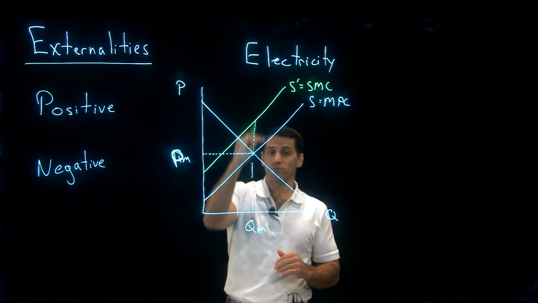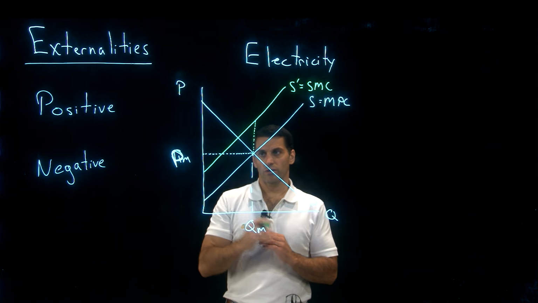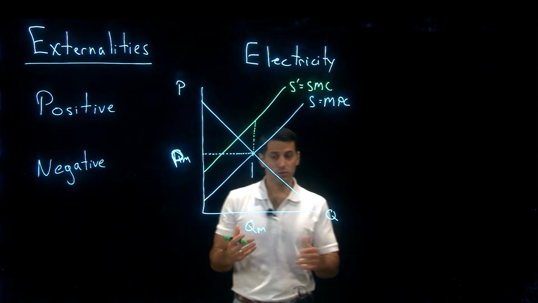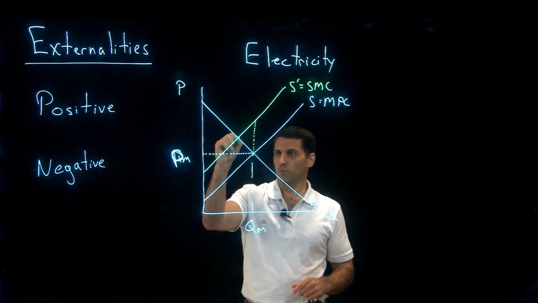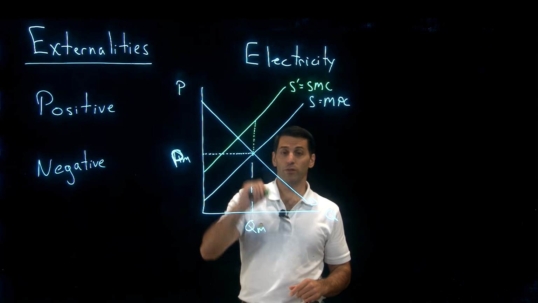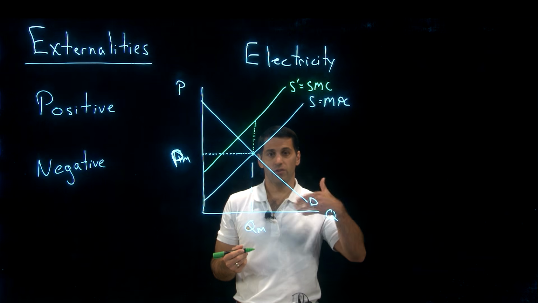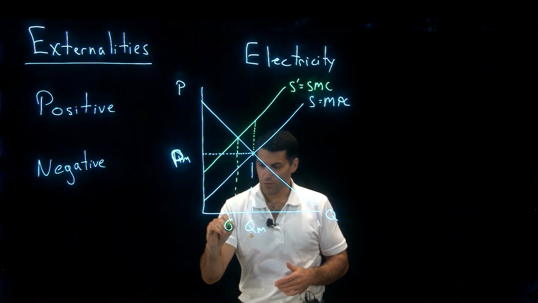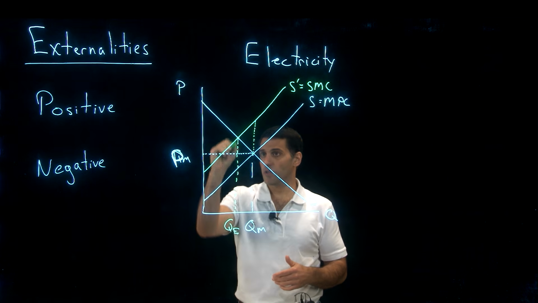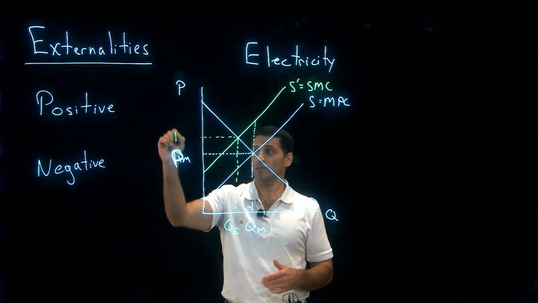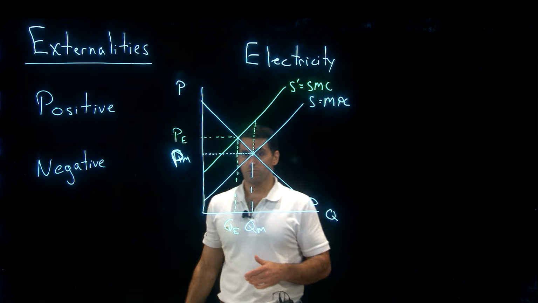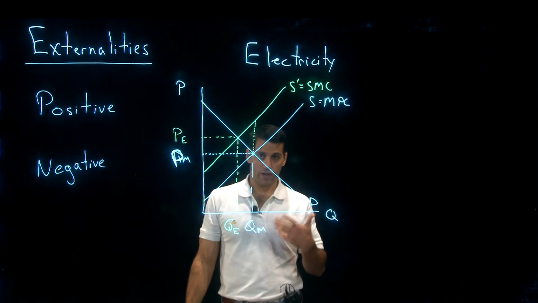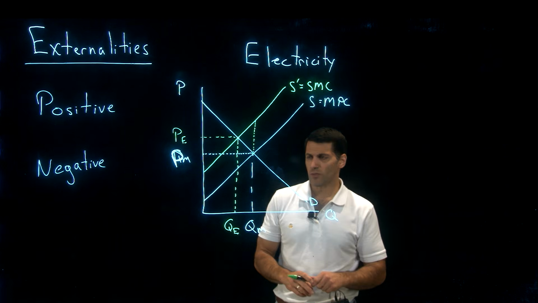Now, if we were to factor in the pollution, the efficient outcome would be not to produce at QM, but where the supply curve that takes into account the negative externality intersects the demand curve. And so that would put us here at QE, and we should be pricing electricity at PE, so PE and QE referring to the efficient outcome, the efficient equilibrium.